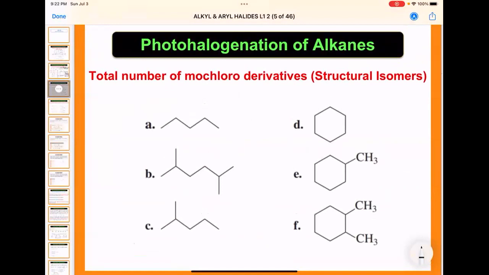Suppose someone gives you an alkane, and you do the chlorination. In methane, we have seen we connected 1 chlorine, 2 chlorine, 3 chlorine, 4 chlorine, okay? So we got monochloro derivative, dichloro derivative, trichloro derivative, tetrachloro derivative.